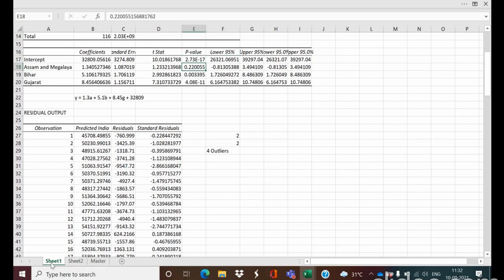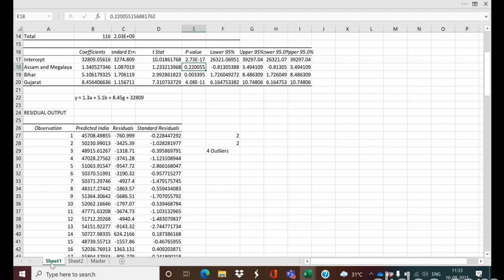Oh yes, Assam is 0.22. It is giving a null effect, which means it is not contributing to the model. One thing in p-value is that you don't go by the quantity of the p-value, you just go by whether it's above threshold or below threshold. So in this model you can make out that Assam is not contributing. In the other model you will see Punjab is not contributing.